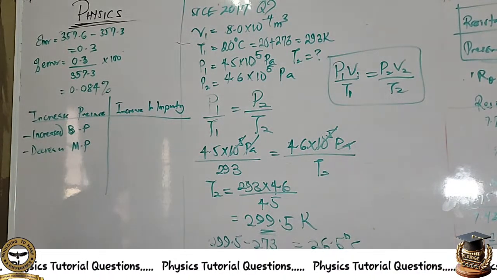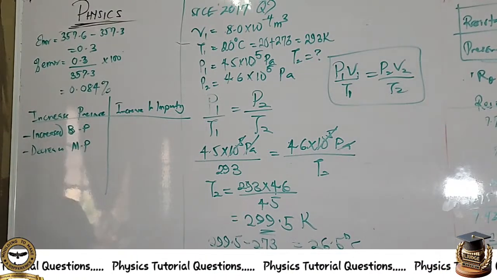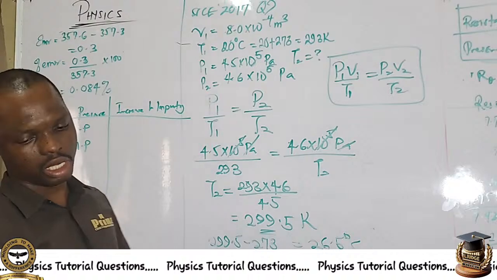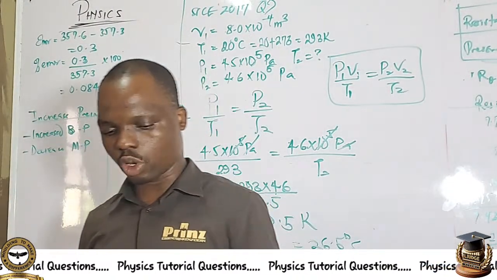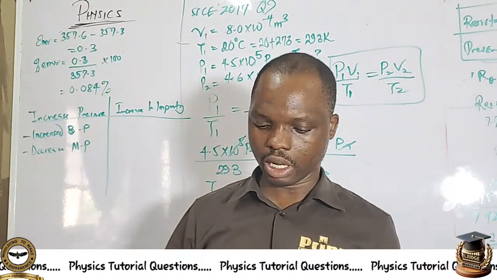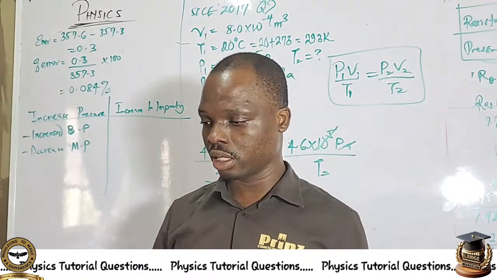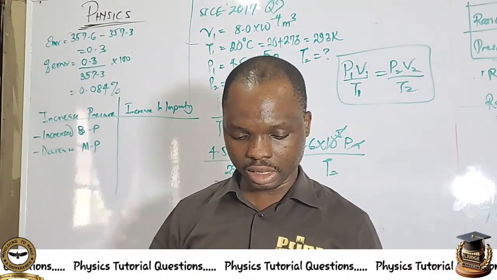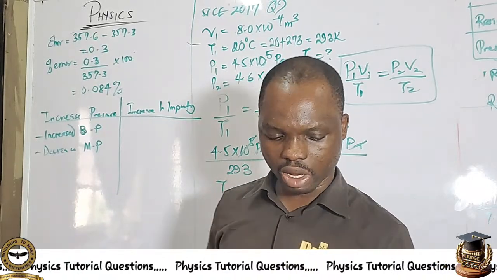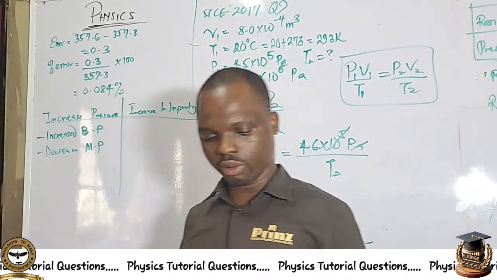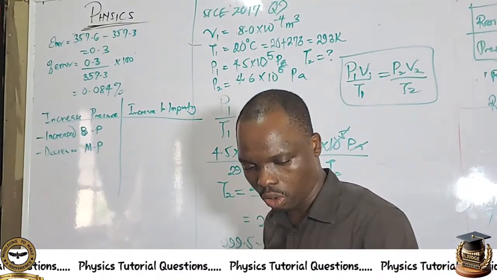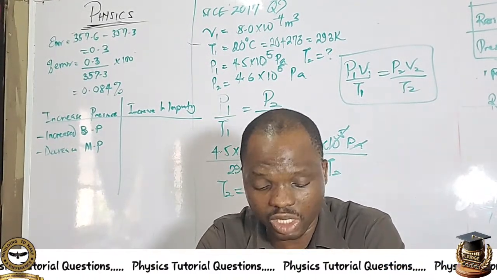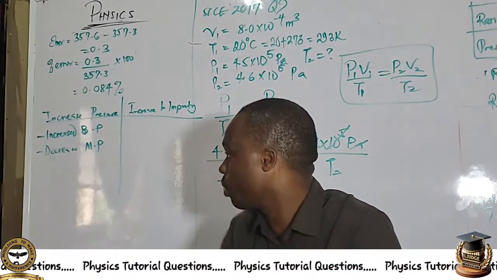Increase in impurity. Also, when there is an impurity in a substance, it affects the boiling point and the melting point of certain substances, and that's why you need to know all this. When impurity is added to a particular substance, it lowers its melting point.